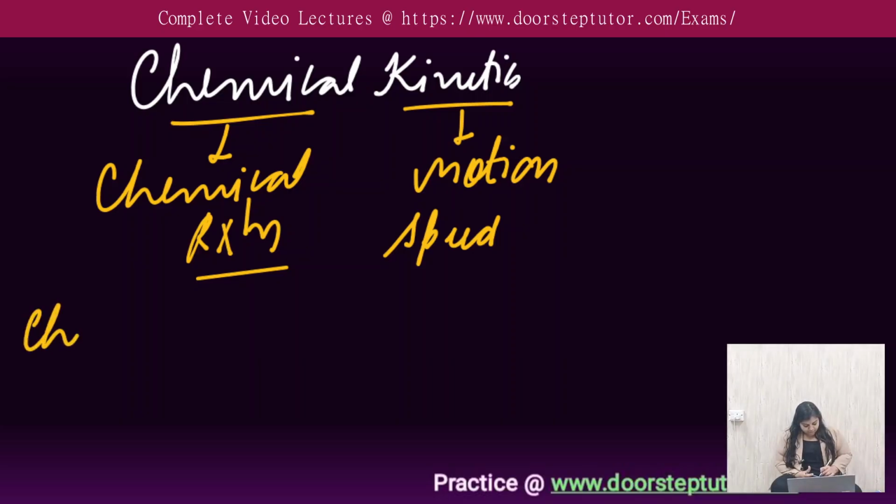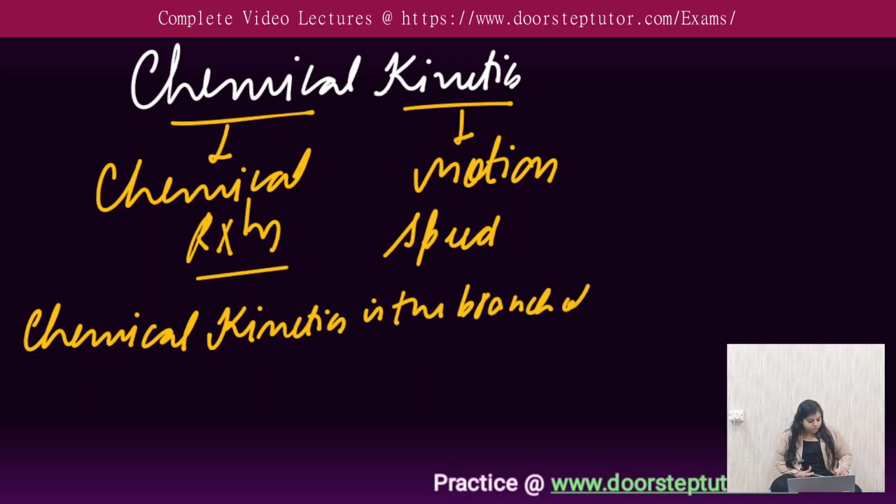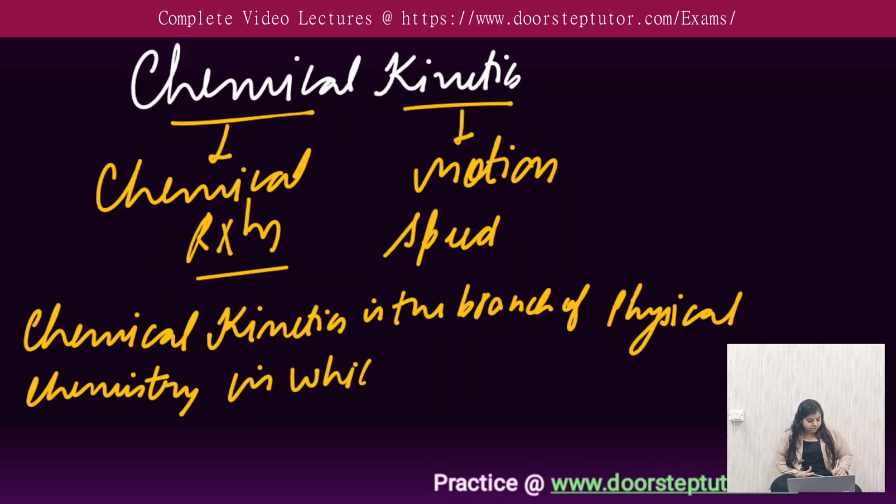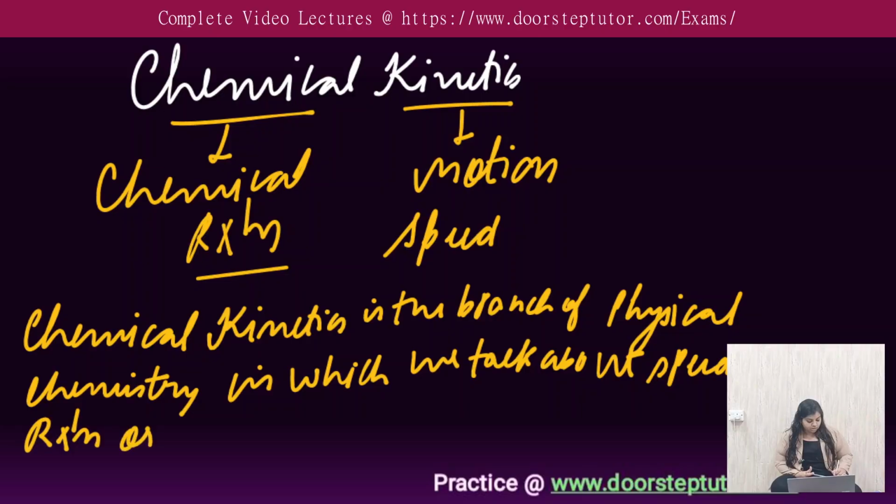Basically, chemical kinetics is the branch of physical chemistry in which we talk about the speed of the reaction or the rate of the reaction.